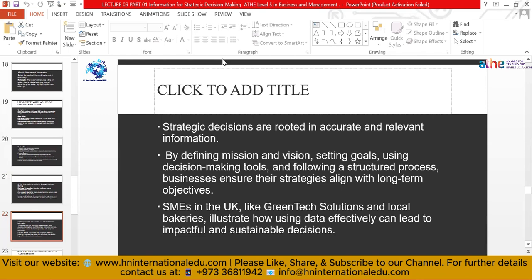So every step, every decision you are taking, even getting into the partnership discussion, leads towards the goals and the long-term strategic goals of the organization. SMEs in the UK, like Green Tech Solutions and the local bakeries, illustrate how using data effectively can lead to impactful and sustainable decisions, which are prolonged for future generations.